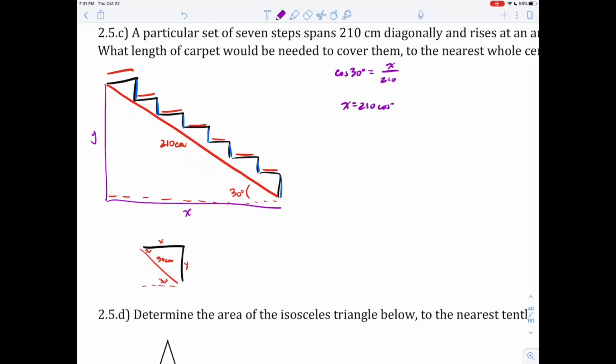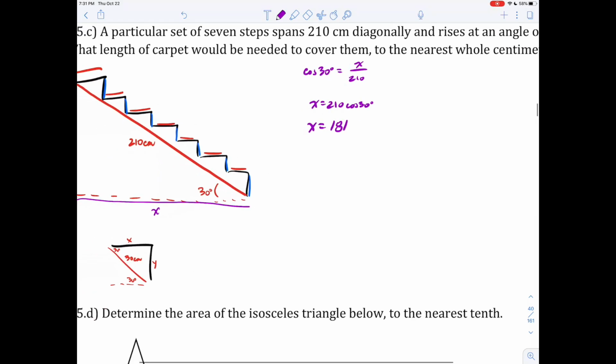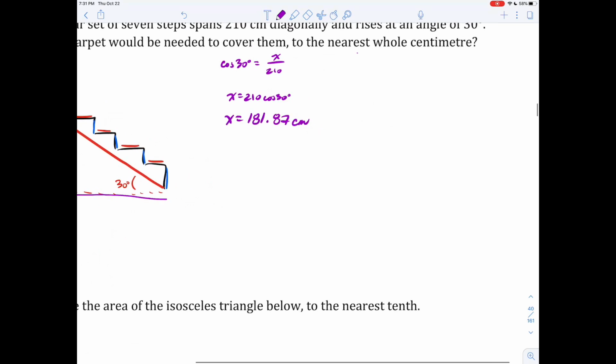X is thus 210 cos 30 degrees, and X has a value, where's my calculating device? Got it. 181. Now it says to the nearest whole centimeter, but I'm not done yet, so I'm going to keep some extra decimal places. I usually go 2 to 3 extra just to be safe. I only need this to be rounded to the whole centimeter at the end, so 2 to 3 extra, I should be okay.